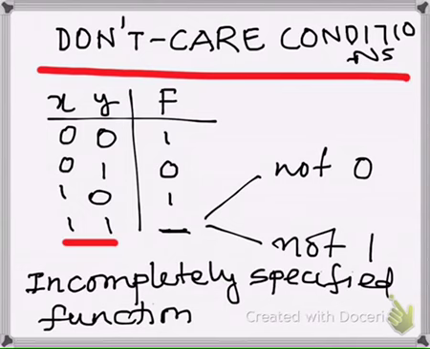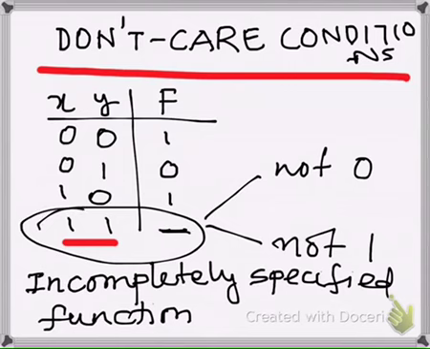It can be 1 or it can be 0, but we do not know. It does not make any difference whether the value is 1 or 0. So here you can see this combination 1,1 makes it an incompletely specified function.